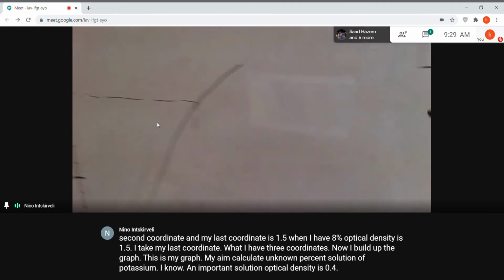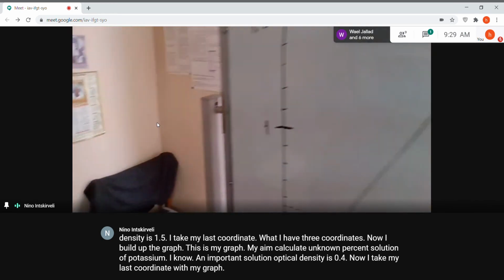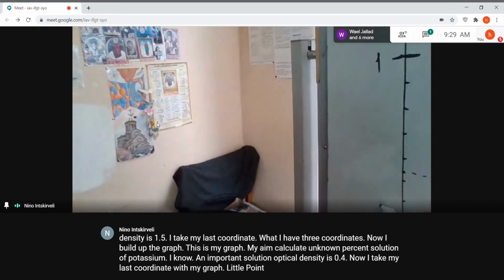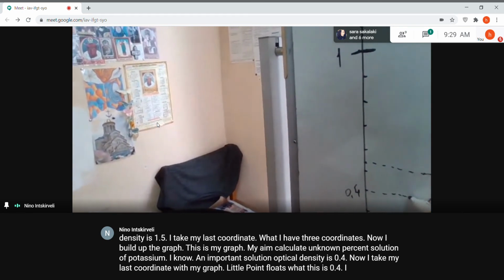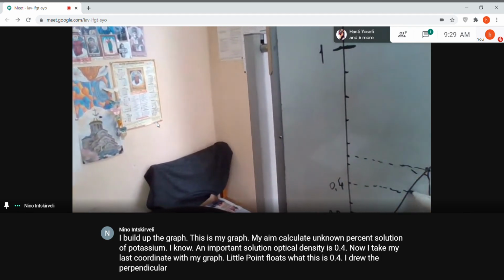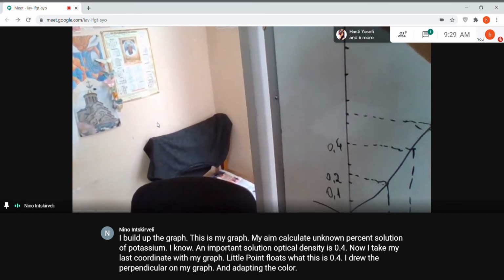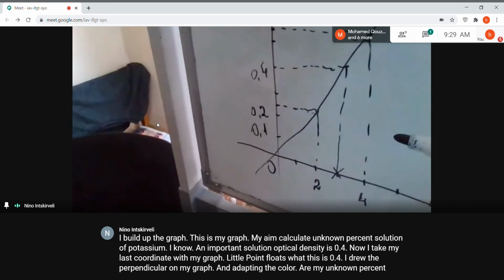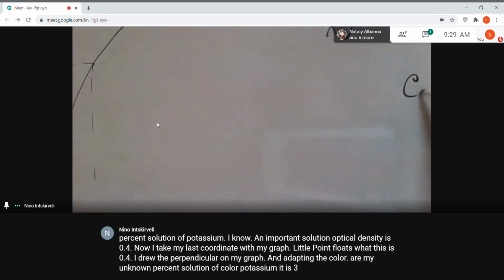Now I take my last coordinate with my graph. This is 0.4. I drew the perpendicular on my graph, and the other perpendicular is my unknown percent solution of kali potassium. It is 3%.